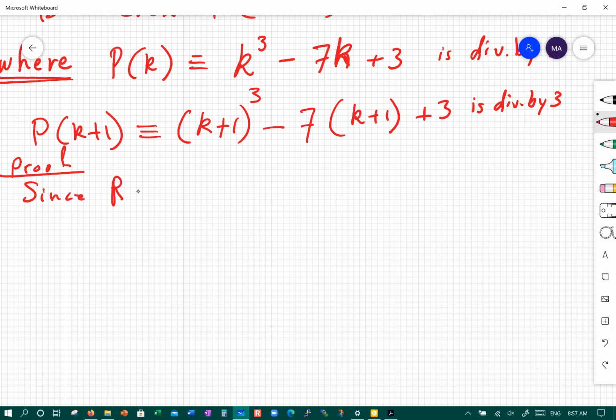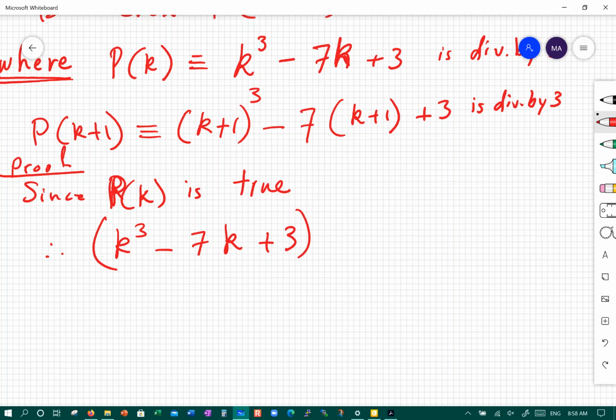Since P of k is true, that's the assumption, by the way, therefore k cubed minus 7k plus 3 is divisible by 3, and I'm going to write what it means to be divisible by 3: that this equals 3 times some integer, let's call it r, for some integer r.